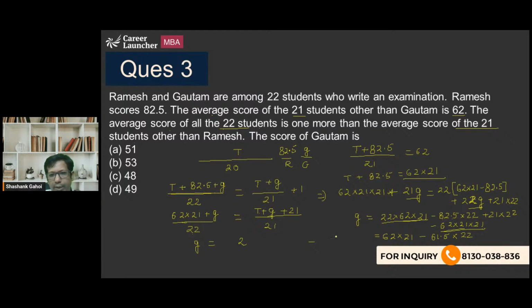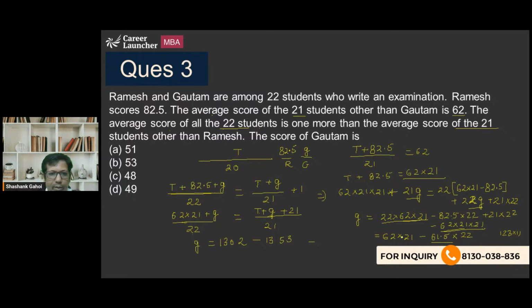62 into 21 is going to be 21 twos are 42, then 126. 126 is 1302, minus. So this I am going to do 61, that is 123 into 11. So 11 threes are 3, then 5, then 1, 2, 3. So I think there is a mistake I have made somewhere.